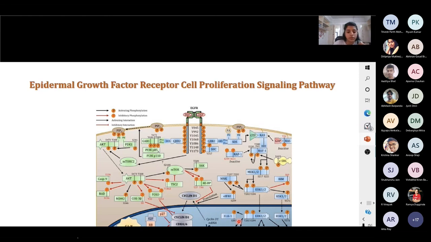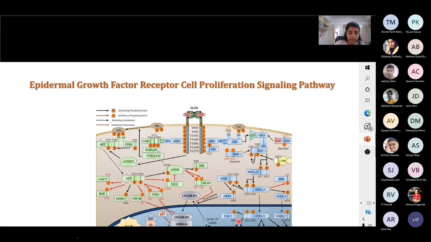implicated in pituitary oncogenesis. So what happens here, the EGF receptor, when it binds to the EGF growth factor, it leads to signaling in the cell, production of various cyclins, CDKs, and all this leads to the production of RAS, RAF, MEK, ERK, and the MAP pathway.